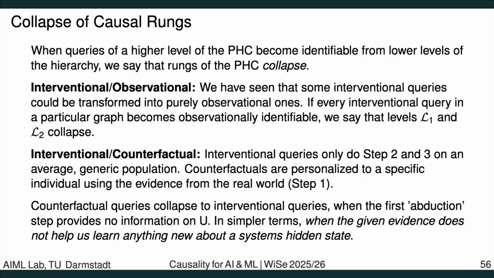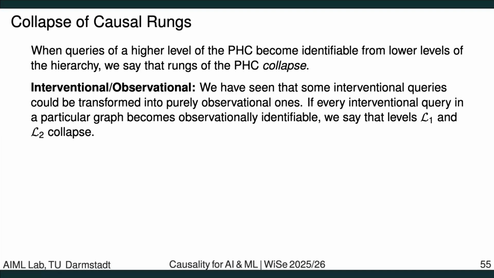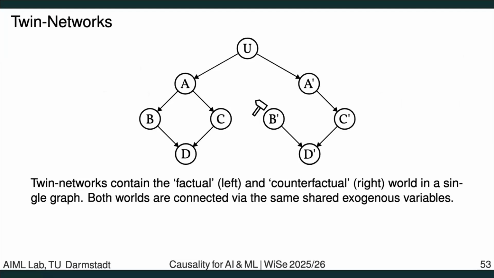If the evidence doesn't matter for the exogenous variables that in the end influence our Y that we care about, then we don't need it. Then it's the same as doing interventional inference. And again, what we also can do if we have interventions here, right?